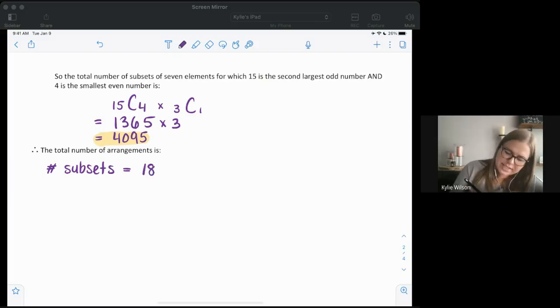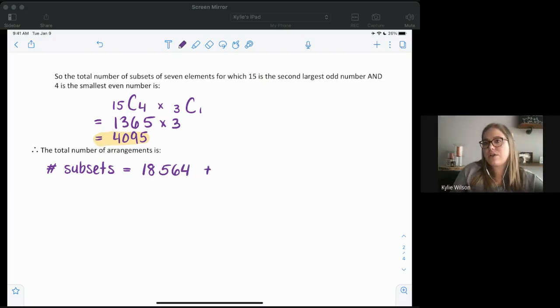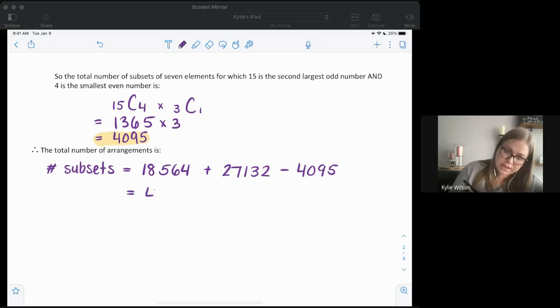That would be 18,564. Then we want to add all of those ones in which 4 is our smallest even number, which is 27,132. And then we need to subtract the ones that we accidentally double counted, which is 4,095. So in total, we have 41,601.